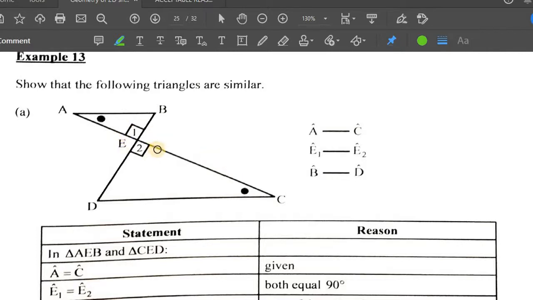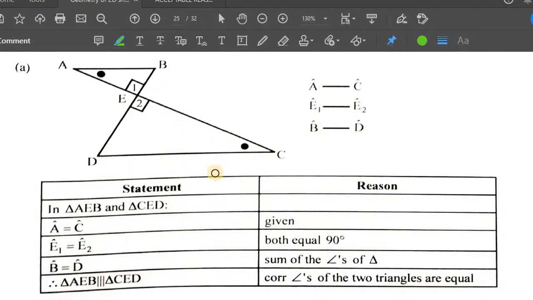Now, in triangle AEB, CED, that's what I'm talking about. Angle A and angle C are equal. Given.